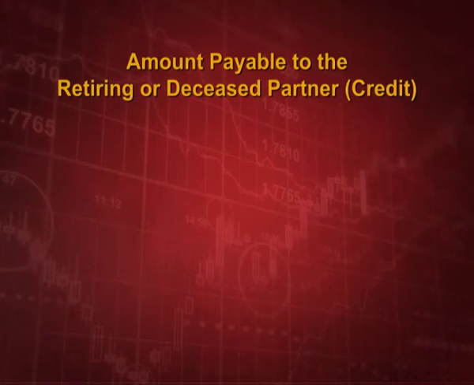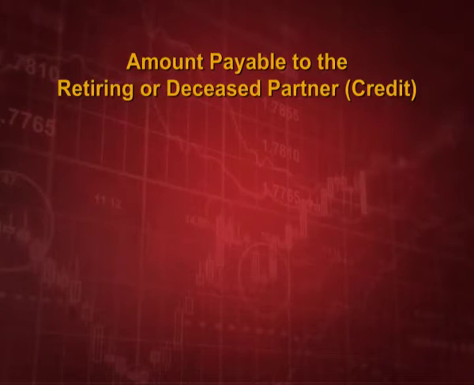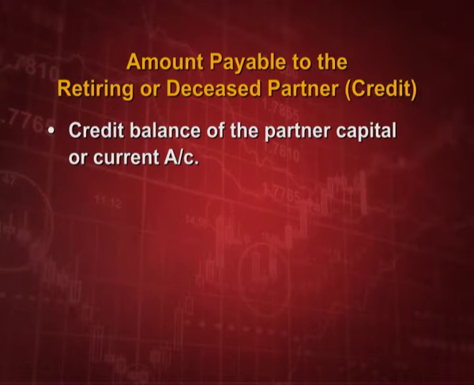what is the treatment of new ratio, gaining ratio, and what is the treatment for goodwill, right. So, we start with the first point, that is how do we calculate the amount payable to the retiring or deceased partner. First point is, whatever we have to give, we will credit in the partner's capital account. That is, the credit balance of the partner's capital or current account.